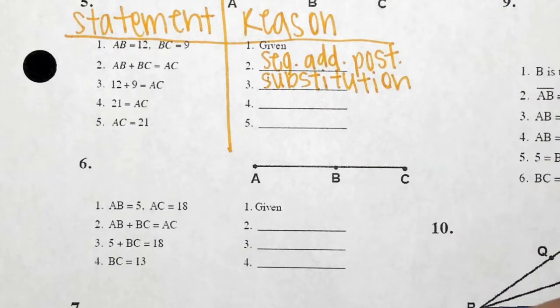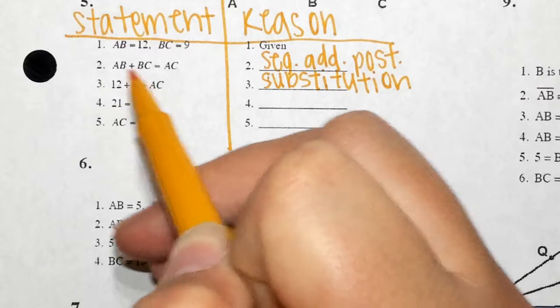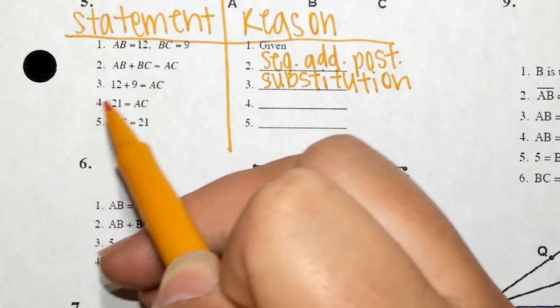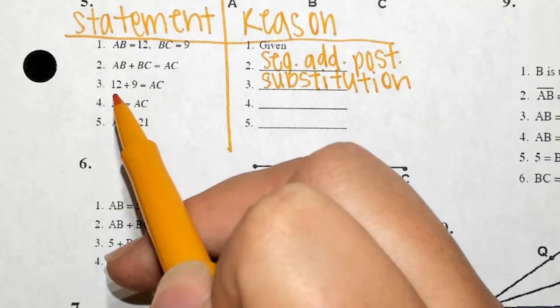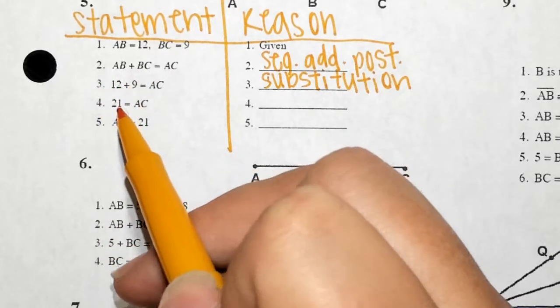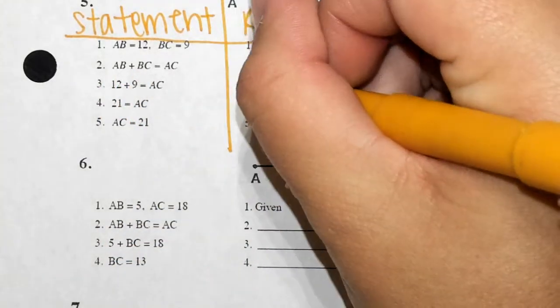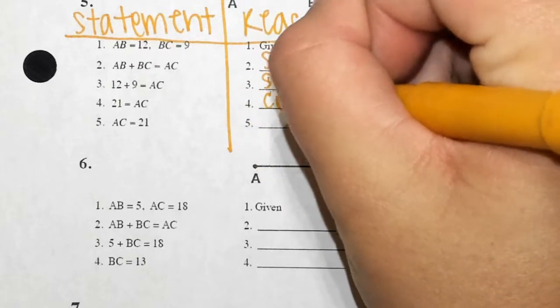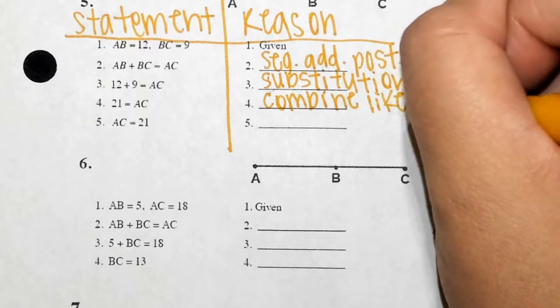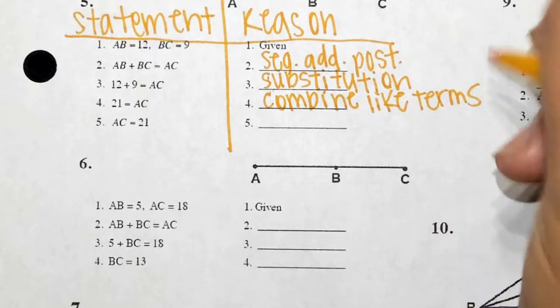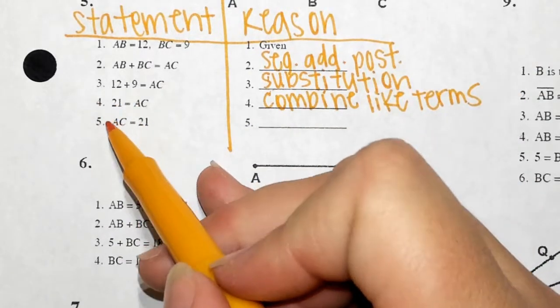What's it called when we... Jojo, was that you? What'd you say? Combine like terms. Good job. That's how we got to 21. Because they combined like terms. 12 plus 9.